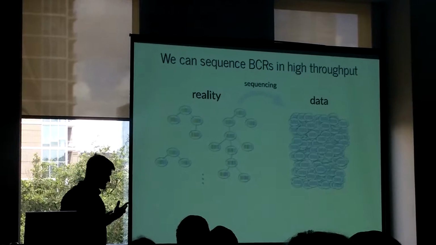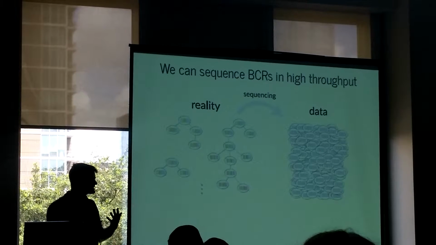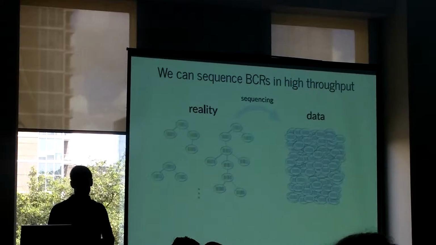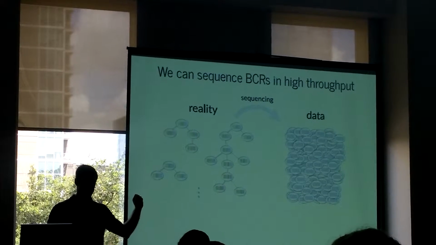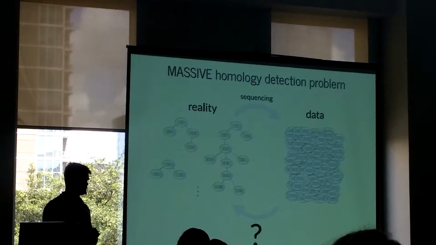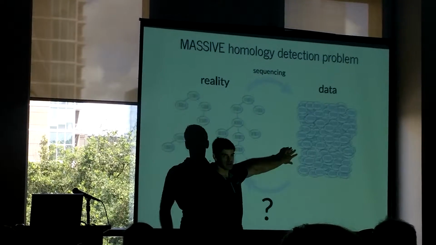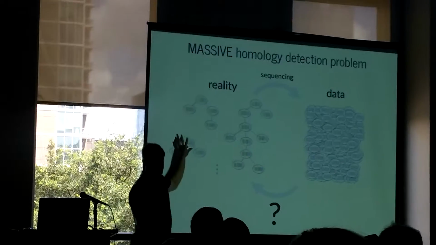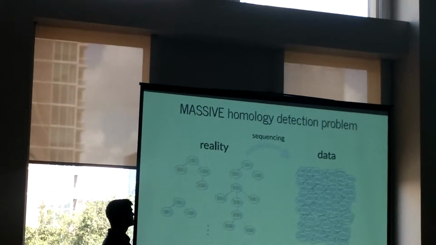So now, that was my gee whiz, this is an amazing system, but now I'm going to switch into my evolutionary biologist mode and think about what we need to do to analyze this sort of sequence data. So the first thing is we have this massive homology detection problem. We have a whole bunch of sequences, sequenced from lots and lots of these different trees, so we don't know which of the sequences fit in which trees.